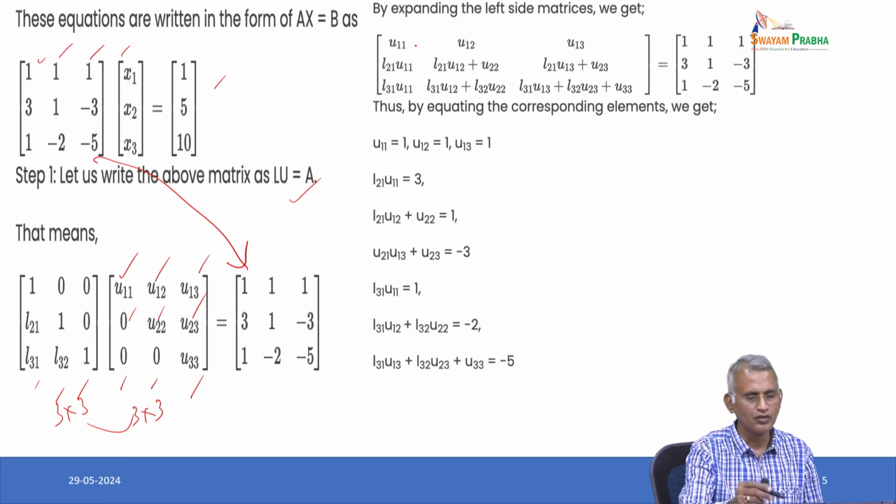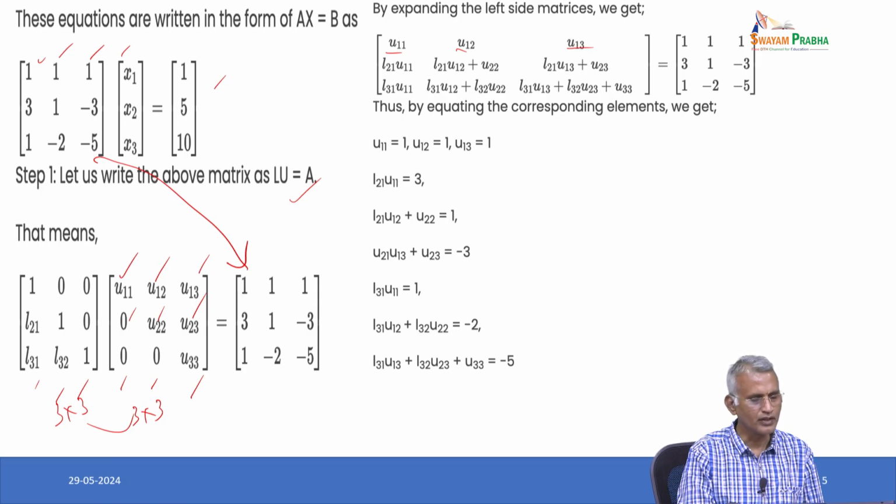You have U11, first row first column, into first column of the second matrix. First row of the first matrix and first column of the second matrix, we have U11, and similarly U12, U13 will come.